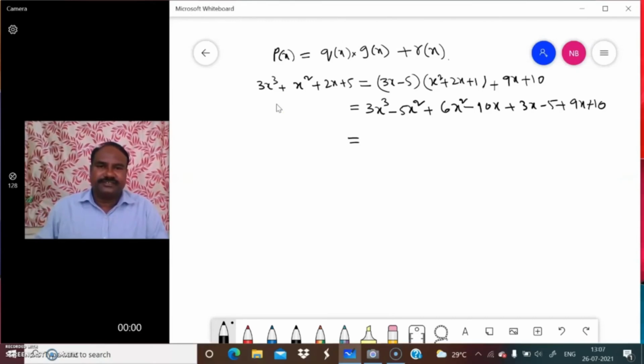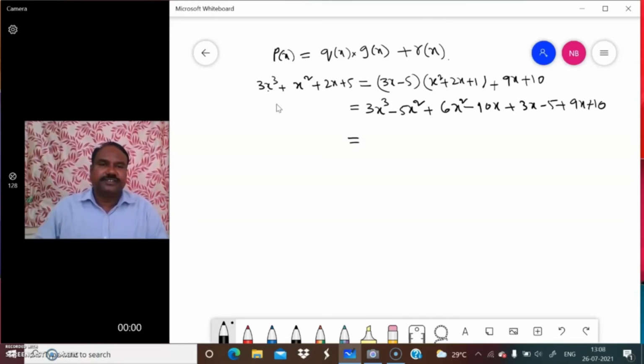Here p of x is 3x cube plus x square plus 2x plus 5, that is equal to q of x, which we got as 3x minus 5, and g of x is given as x square plus 2x plus 1. Remainder we got 9x plus 10. Now we multiply these two terms, 3x minus 5 with x square plus 2x plus 1. We will get 3x cube minus 5x square plus 6x square minus 10x plus 3x minus 5, as it is plus 9x plus 10.